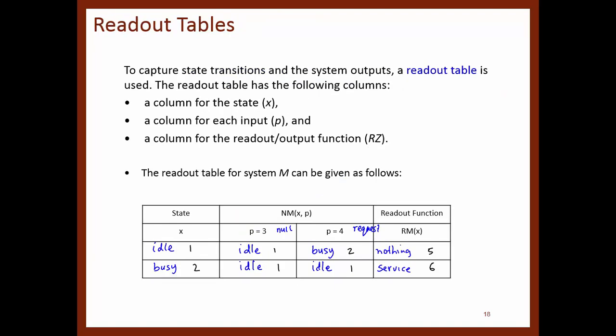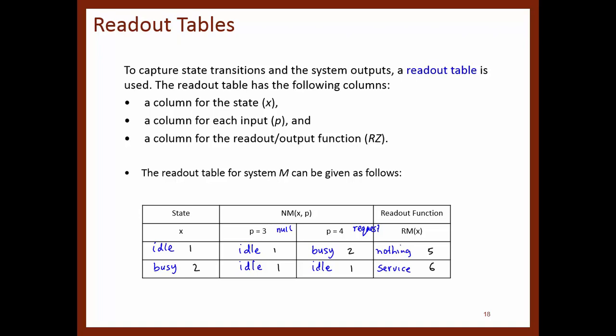To capture the state transition and the system outputs, a readout table is used. The readout table has the following columns. A column for the state, which is this one, so we have two states, idle and busy. A column for each input P, so we have two inputs, P equals 3 null and P equals 4 request.